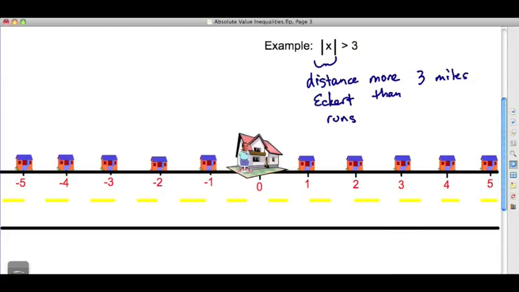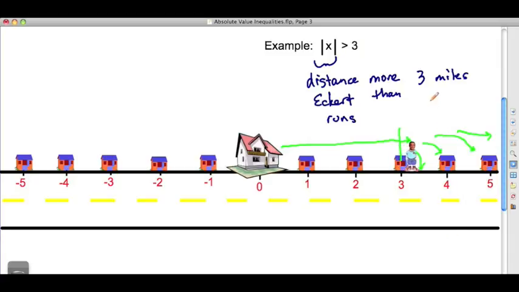So that means that if I run this way, I'm going to go anywhere past 3 on the number line. I might stop here, I might stop here, I might keep going, but I'm going to go anywhere past 3. So if you see me running, I've got to run more than 3 miles. I don't stop here, and I do not stop here. I have to go past it.